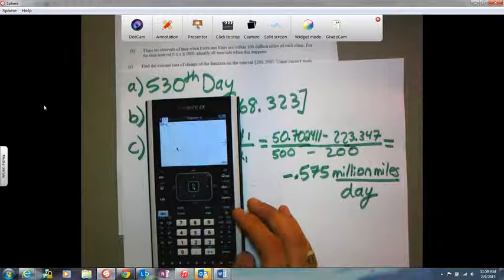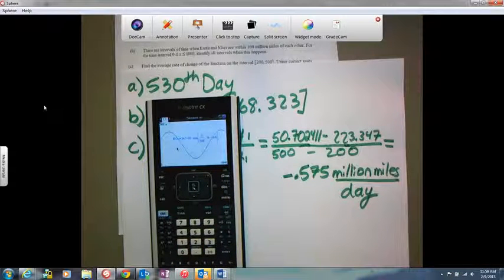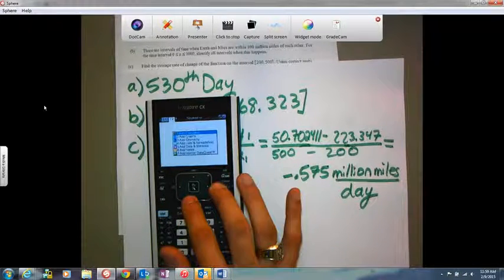Okay, so I've clearly got the correct graph in. Here's the unique part for the Inspire. You're going to add a new page, add a calculator.